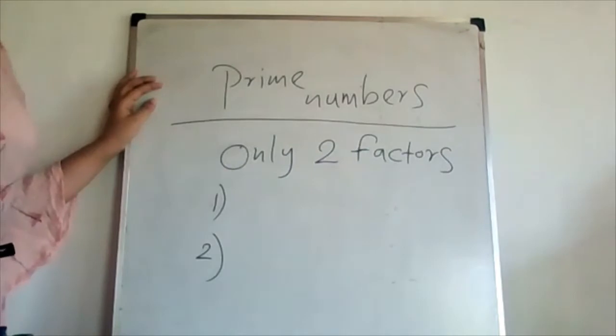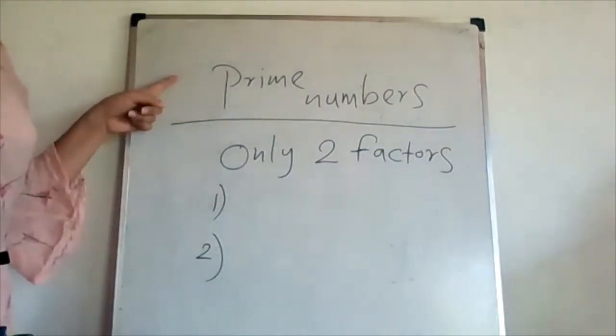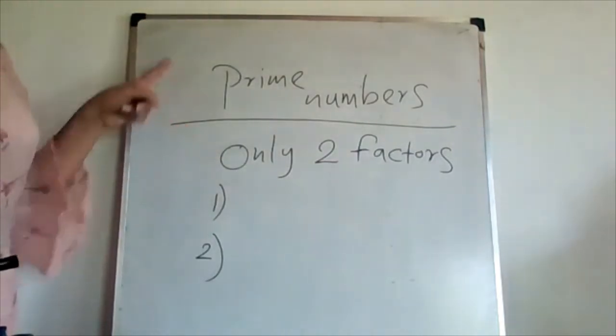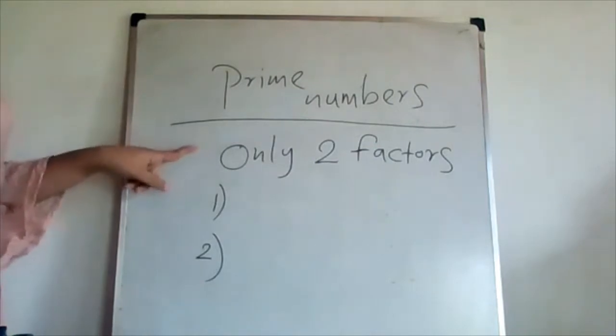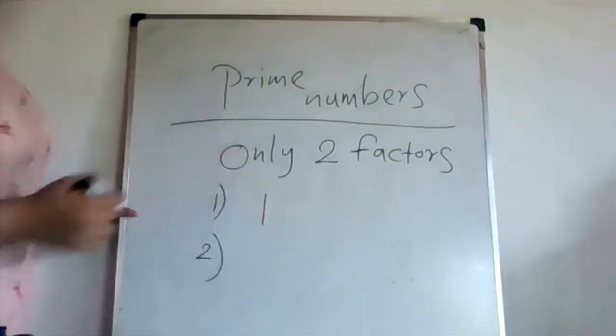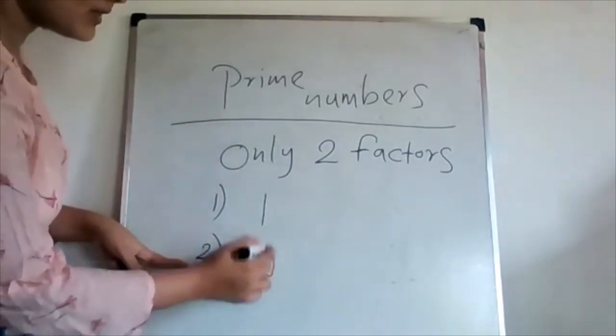A number which has only two factors is called a prime number. From those two factors, the first factor should always be 1, and the second factor should be the number itself.